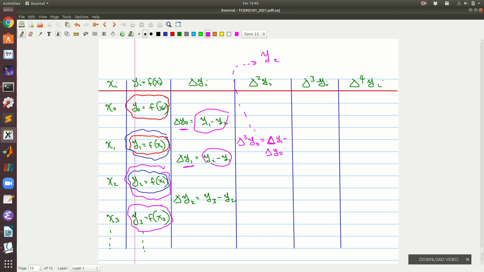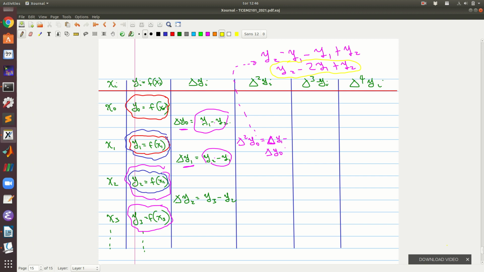Let us complete it here because we already know this result. So we are saying that it is y2 minus y1 minus y1, then minus, and this negative becomes a positive, y0. And we know this is y2 minus 2y1 plus y0. I am sure we have already seen this result here.